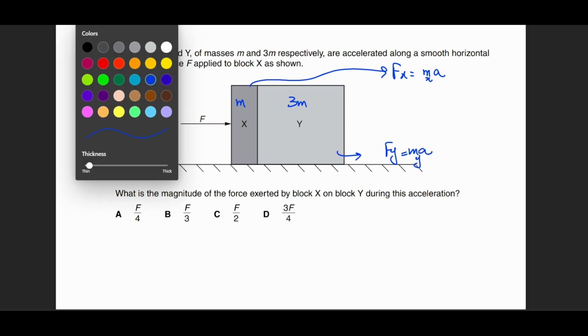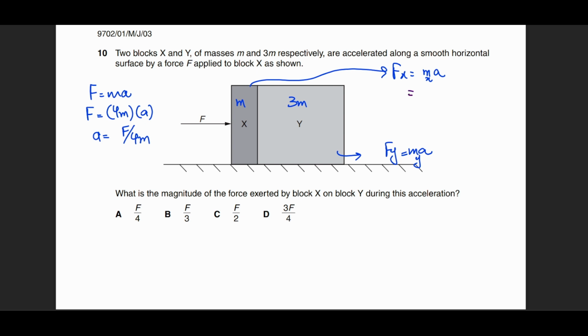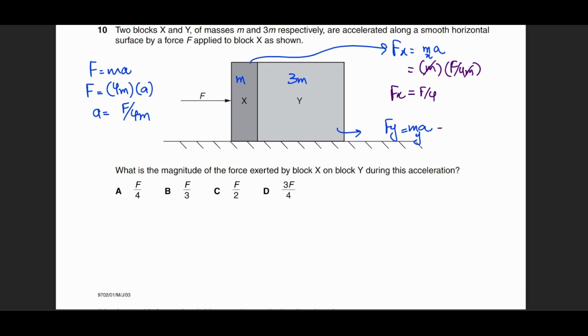So let's put in the values individually. The mass of x was only m and the acceleration experienced was F divided by 4m. So m cancels out, and we are left with F by 4 for Fx. For Fy, we replace mass with 3m multiplied by the acceleration F divided by 4m.